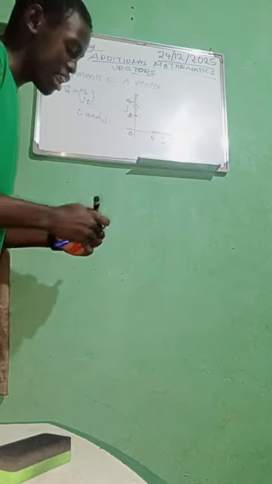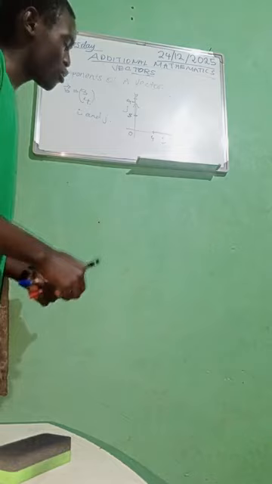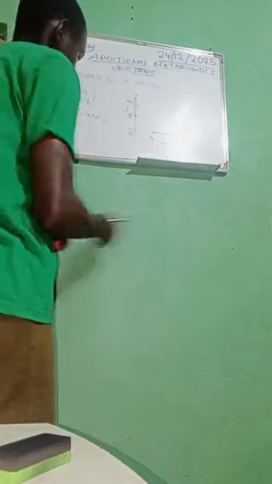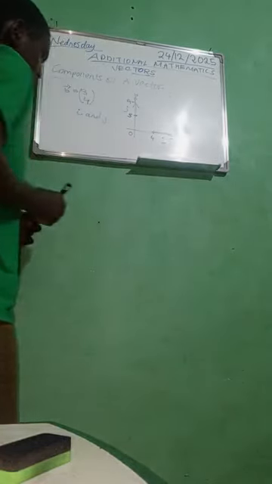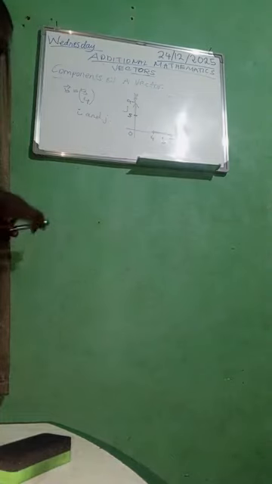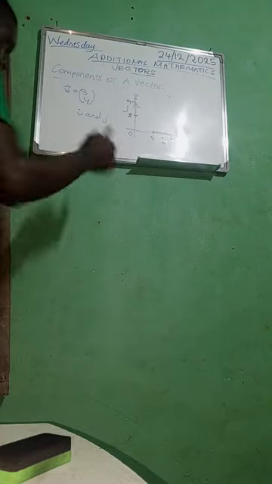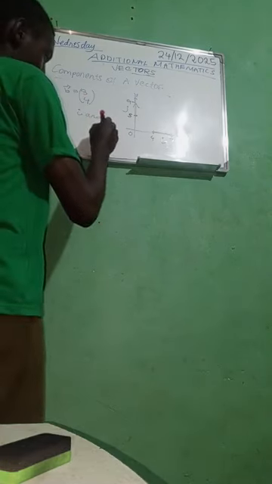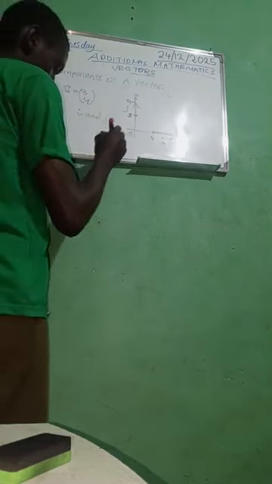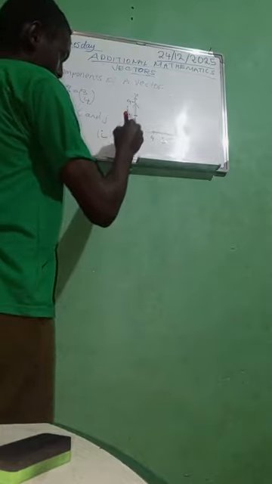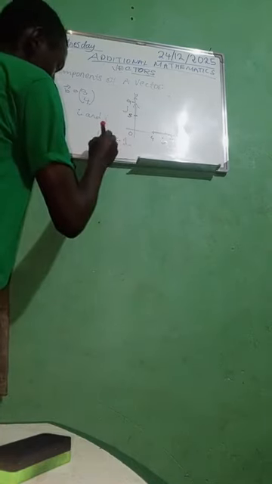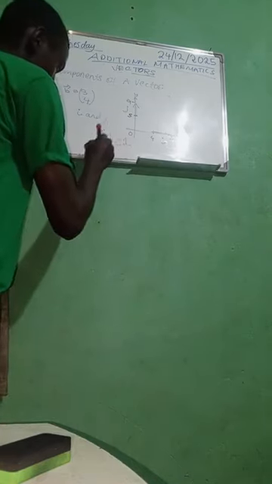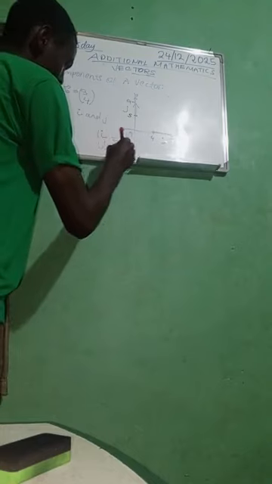Now, just leaving them as I and J would be wrong, because we need the magnitude of I, which means we're trying to say I with bars. The magnitude of I is equal to 1. The magnitude of J is equal to 1.